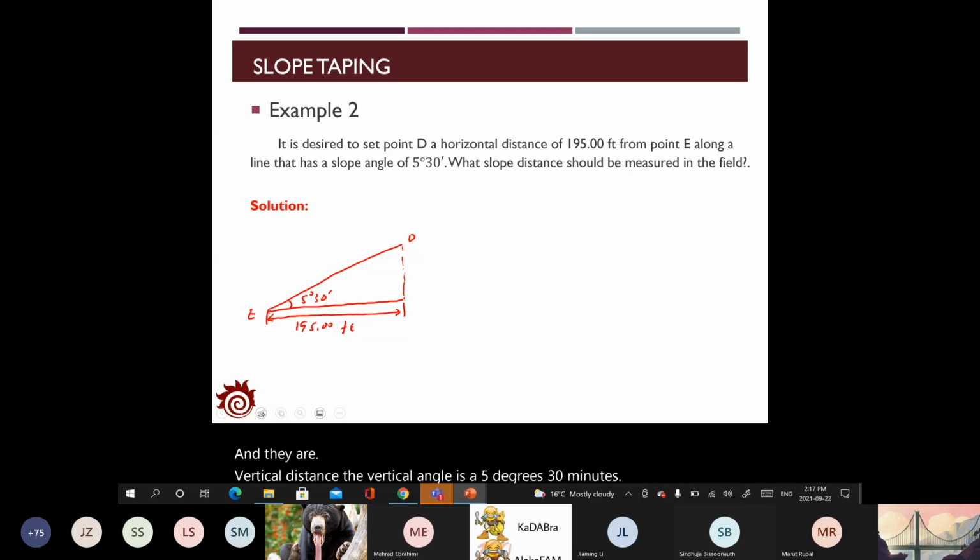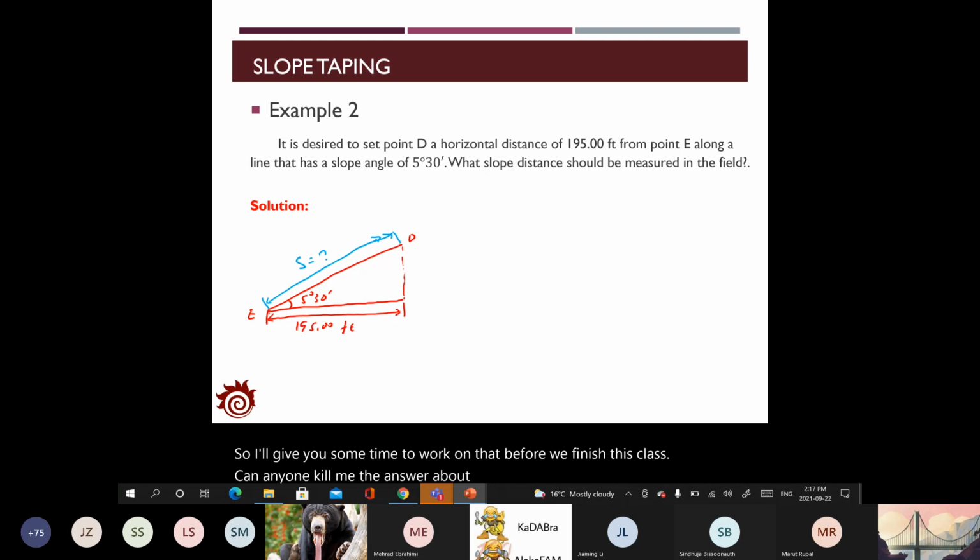We want to find the slope distance from D to E. I'll give you some time to work on that before we finish this class. Can anyone give me the answer to this question?